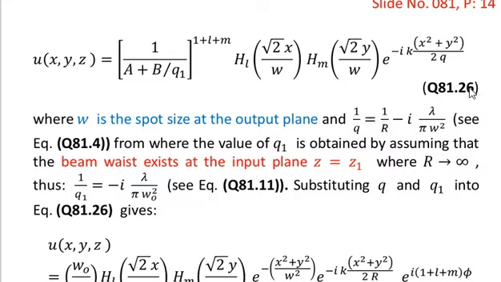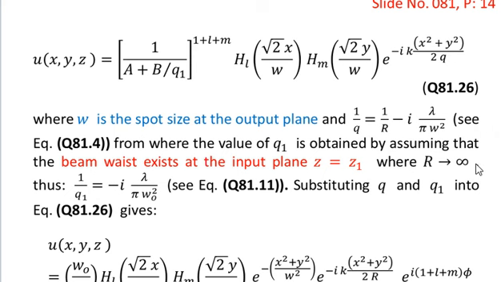So you see that in equation number 26 we have q1 over here and we also have q present over there. So using the values of q and q1, we have obtained the value of q1 assuming that our input plane is located where the wavefront is a plane wave, because we have set R goes to infinity in equation number 4.